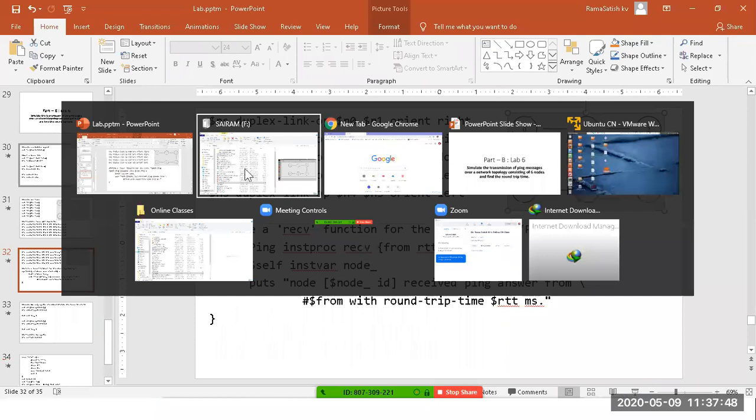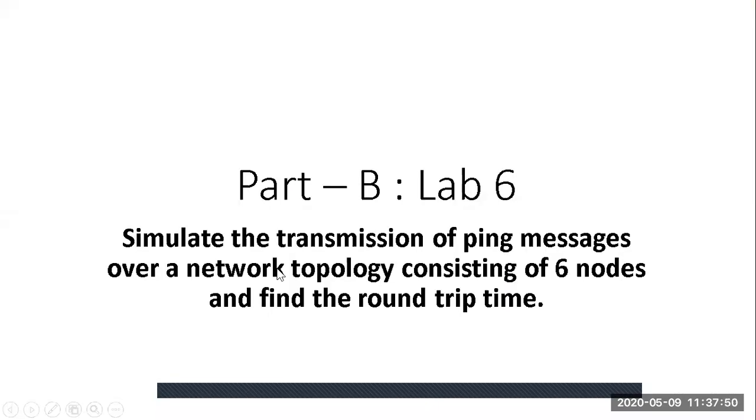We'll run our slideshow. So now we have seen the output of the program. Now, in this program, we will first create 6 nodes, and we'll have a model to send a ping message and find the round trip time.